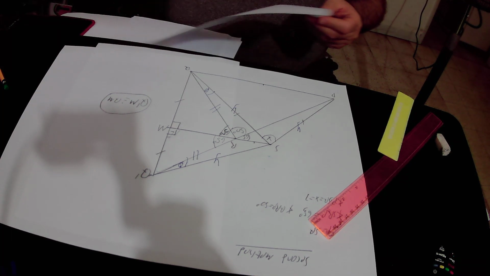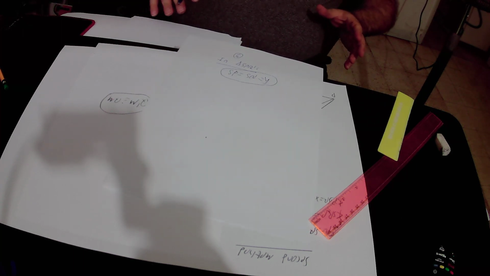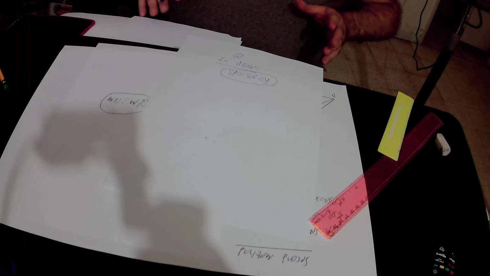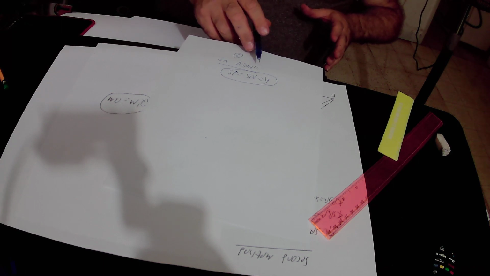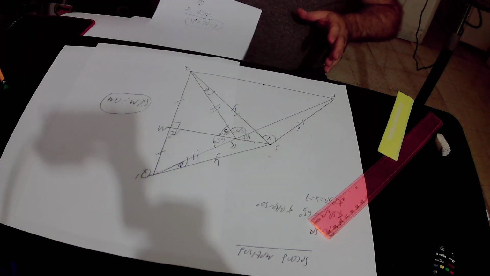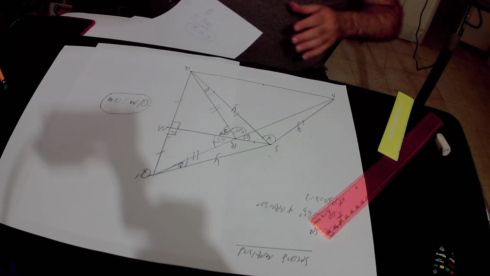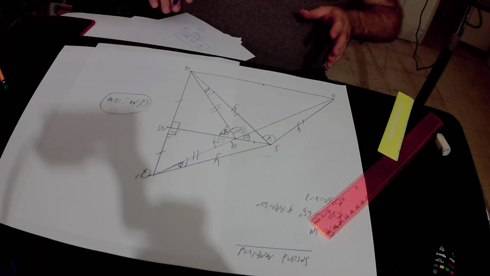Again, in triangle SPQ dash, we know that the triangle has two sides that are equal to each other. That is to say, SP equals SQ dash, and according to our definition, those two sides are equal to Y. And we have the rule that in front of equal sides in a triangle, there are equal angles.